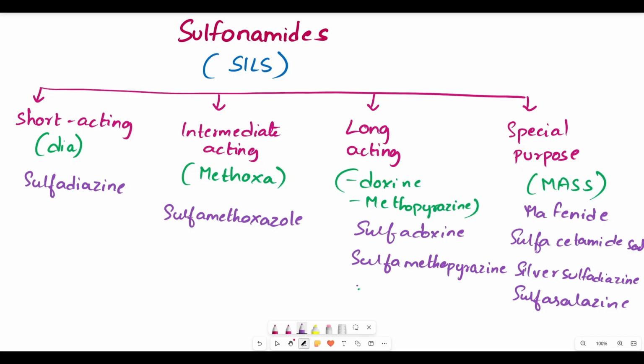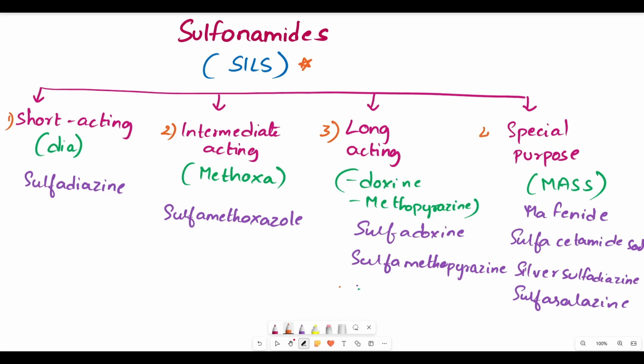Let me just repeat this entire classification for you once again. The sulfonamides are initially divided into four subclasses, and to remember the four subclasses, remember the trick as SILs, where S means it is the first class, that is short acting. I means it is the second class, which is intermediate acting. L means it is the third class, which is long acting.